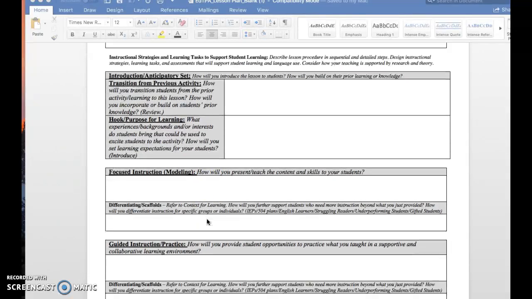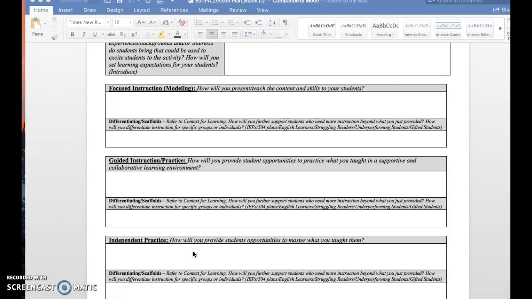So the focused instruction, the guided instruction, and the independent practice all have differentiating and scaffolds. During these types of instruction, I'm going to help students with 504s, IEPs, or English language learners, and support them in their learning while I'm doing either my focused instruction, which is when I'm teaching the lesson, or the guided instruction practice, which is when students are working collaboratively, either in partners or in groups, or independent practice, when they're practicing what they've learned by themselves.